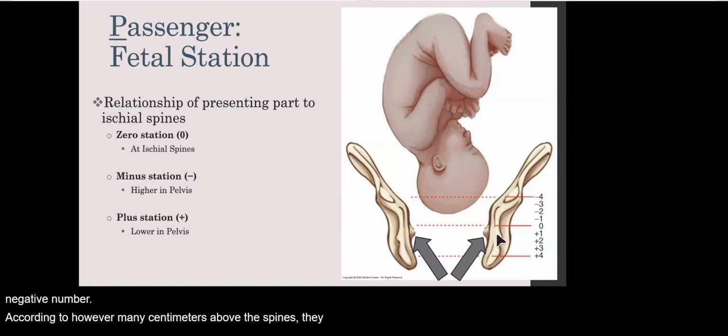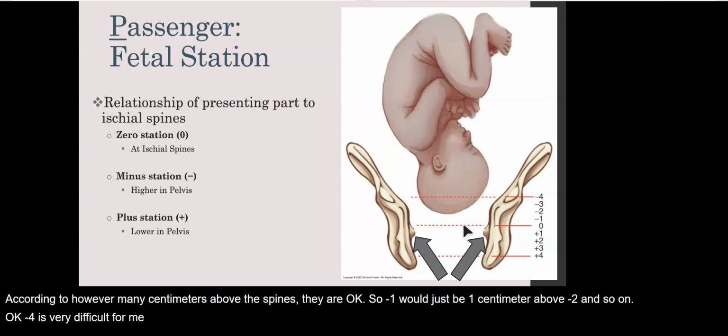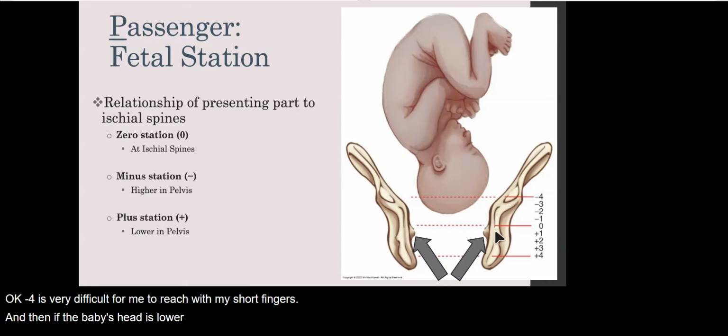Okay, so -1 would just be 1 centimeter above, -2, and so on. Okay, -4 is very difficult for me to reach with my short fingers. And then if the baby's head is lower than those ischial spines, then it becomes a positive number.